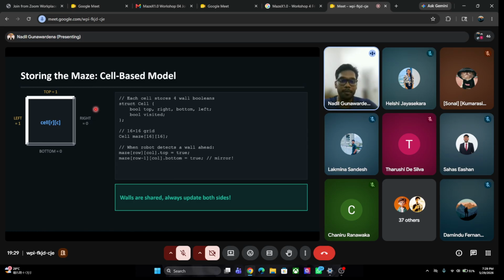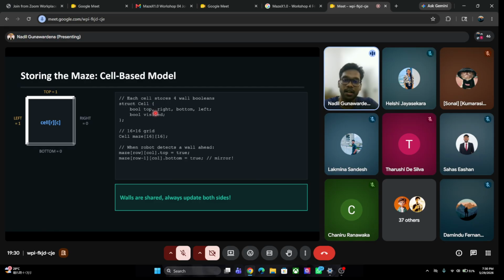Okay, then for better understanding, let's go through the pseudocode. Actually, this is not much of a pseudocode. This is actually C, and as you can see, we create an object like a struct to store the attributes of the cell, that means the features of the cell.